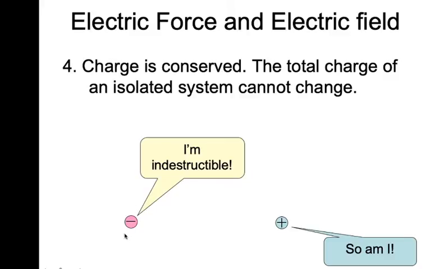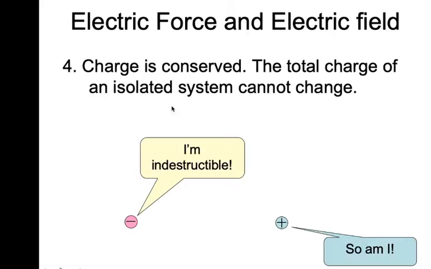Let's say this has gained one electron, which leaves it with a -1 charge. And this is missing one electron, leaving it at a +1 charge. When they join up, they still have a net charge of 0, because we're not able to create or destroy charge.